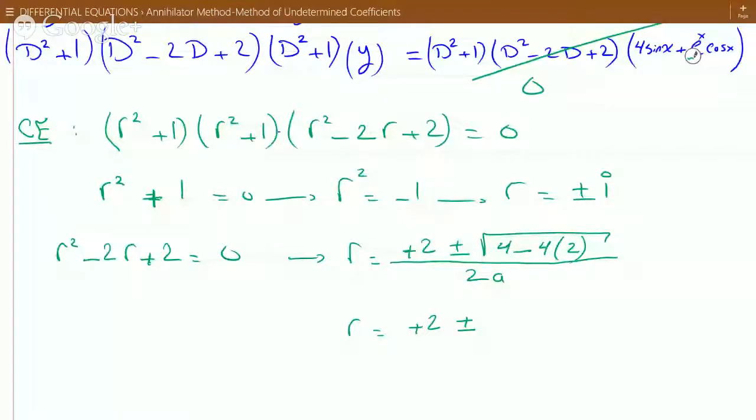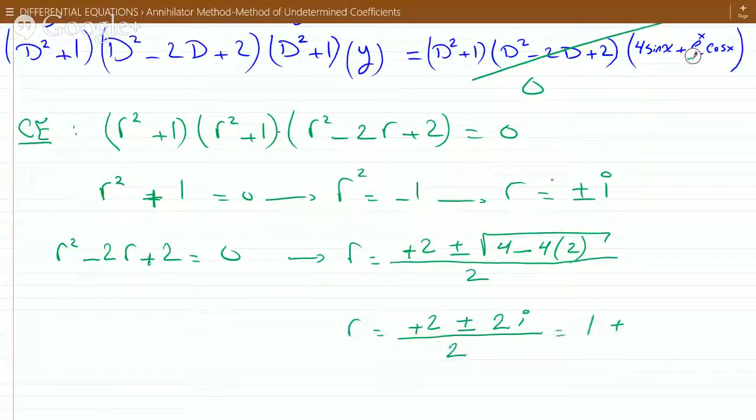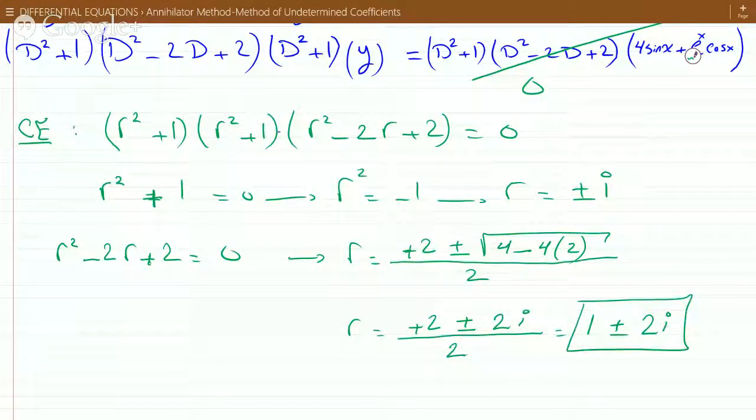Square root of minus 4 is 2i, all over 2. So we get 1 plus or minus i. Okay? So far we have this.